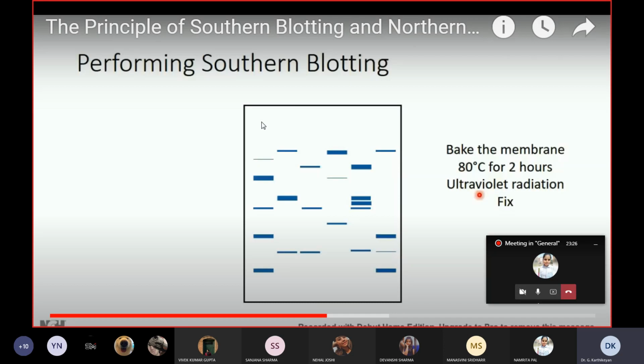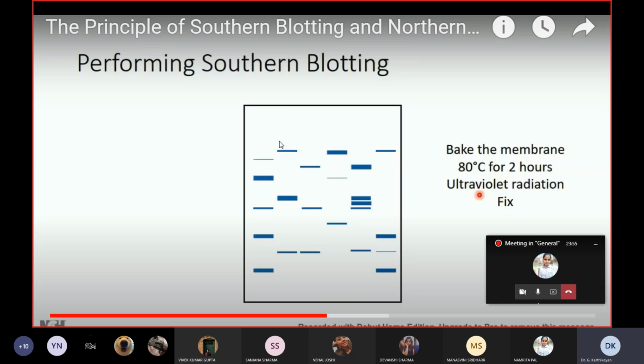nitrocellulose and nylon membranes have this property of binding to DNA. DNA has this ability to bind to nitrocellulose or nylon membranes, and then you need to somehow immobilize it because it can float around, right? When you transfer from gel to the membrane, whether it is nitrocellulose or nylon, it gets transferred to the place, but it is not fixed and can move around when you try to do hybridization.